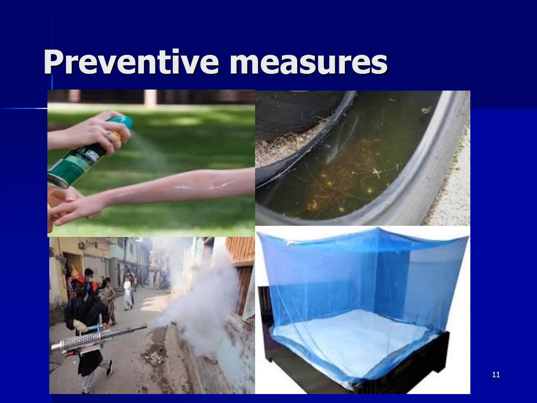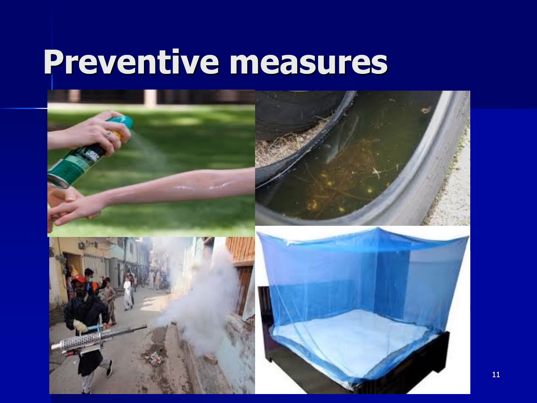So, moving on, these are the different preventive measures. You need to wear long sleeves and long pants, trousers, and make use of mosquito repellents. You need to keep tires clean and dry, not filled with water, and have screens or nets around the bed, as well as nets on your windows and doors.